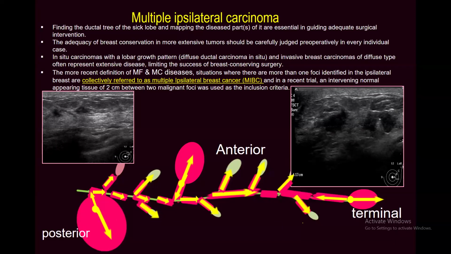Multiple ipsilateral malignancy. Here, this is my patient. She has multifocal lesions. Previously, there were many descriptions: multifocal, multiple lesions present within the same quadrant with a 2 centimeter distance between the malignant foci, or multiple lesions maybe in the adjacent quadrant, but with a space of 5 centimeters.